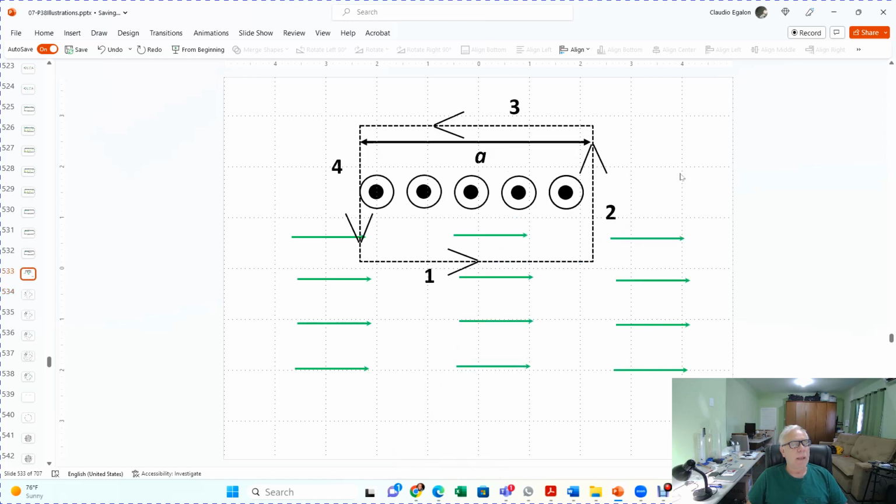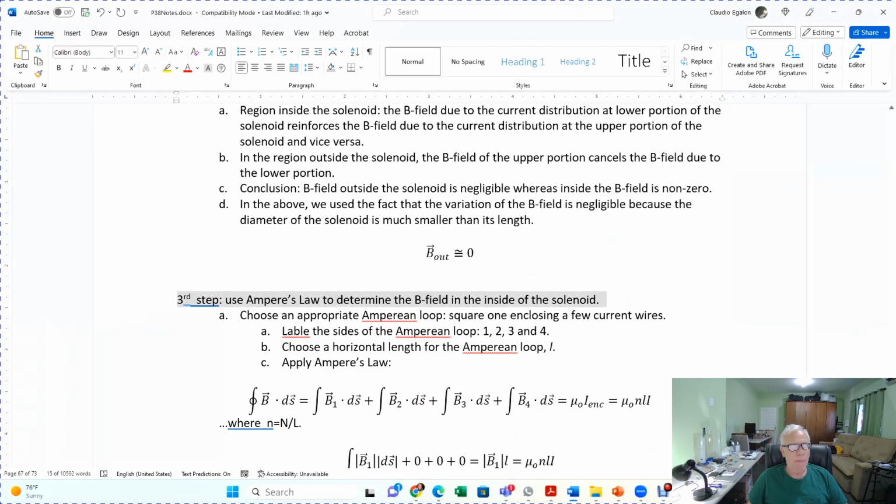Then we have to solve this path integral over 1, 2, 3, and 4. Let's take a look at Ampere's law. Label the sides of the Amperian loop 1, 2, 3, and 4.